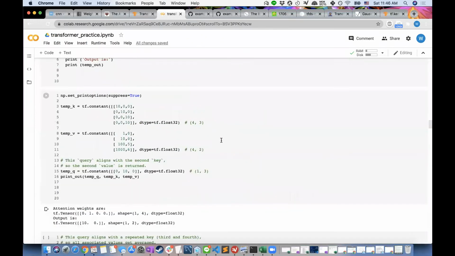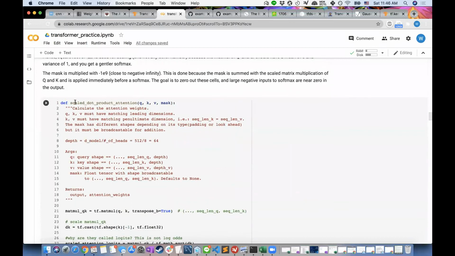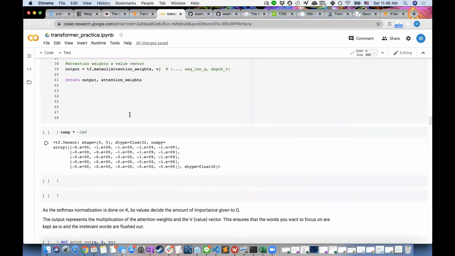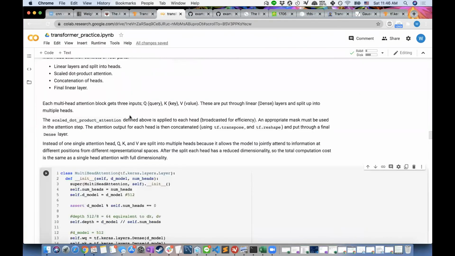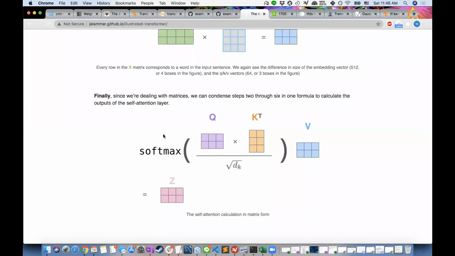You call this scale dot product attention after you did the split. So you basically split this, then you call this function to do the calculation. So these are already split.